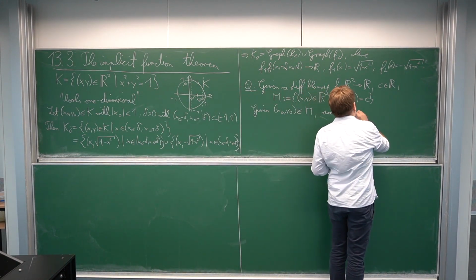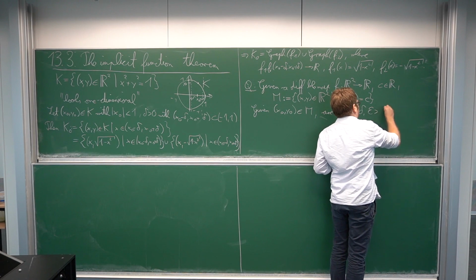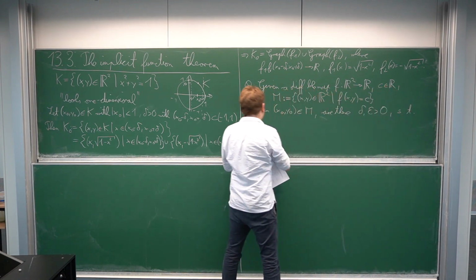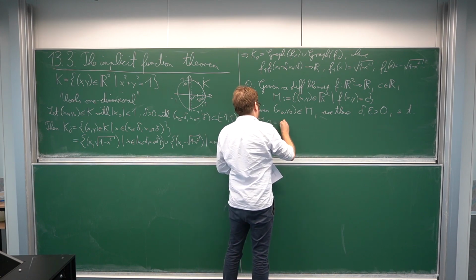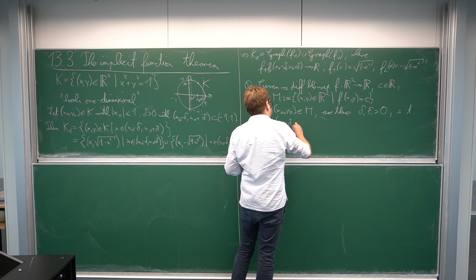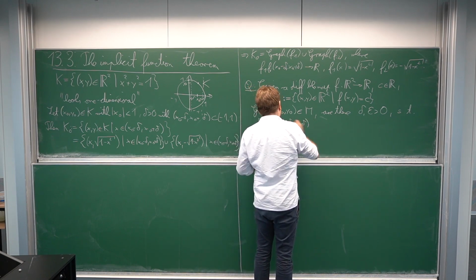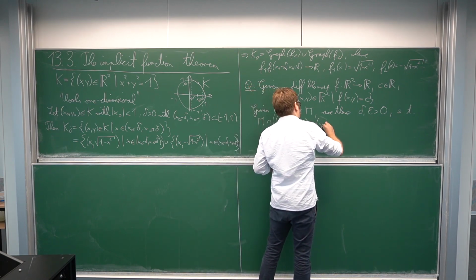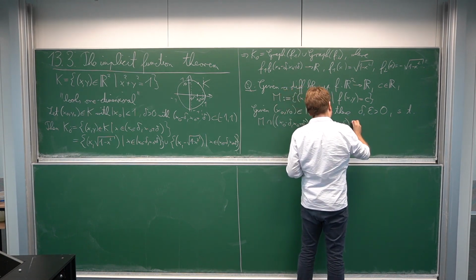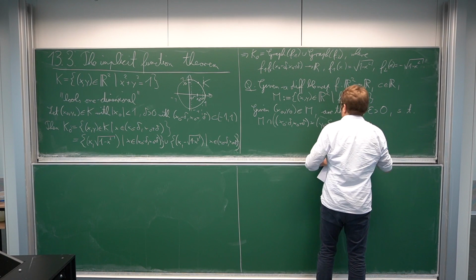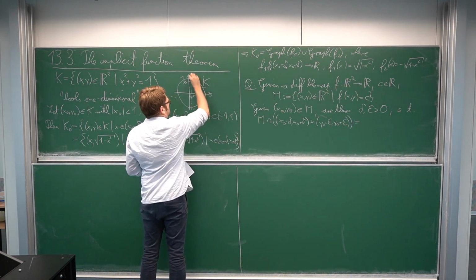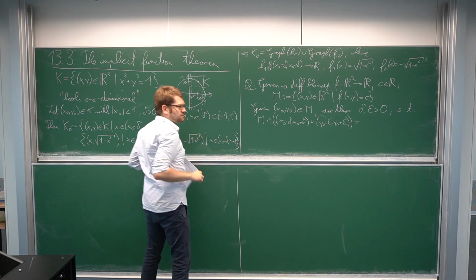And formally we would mean: are there delta and epsilon bigger than 0, so that M intersected with the rectangle (x0 minus delta, x0 plus delta) times (y0 minus epsilon, y0 plus epsilon), corresponding here we would have, from here to here, so this would be part of this rectangle.